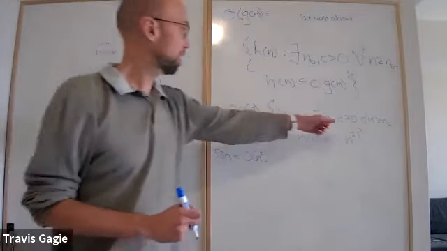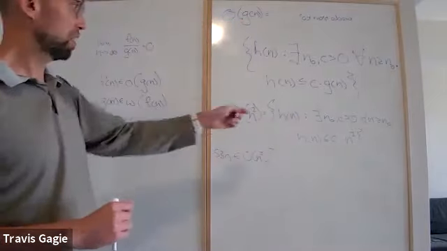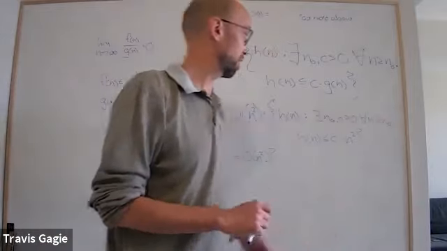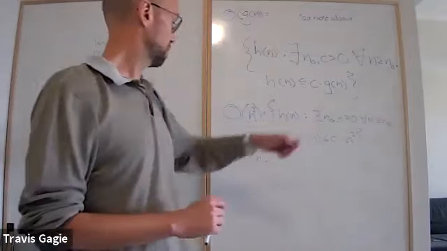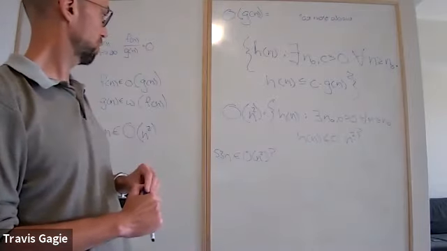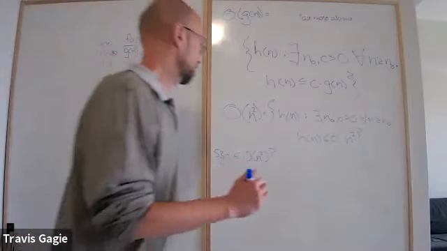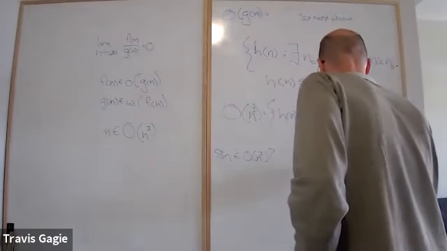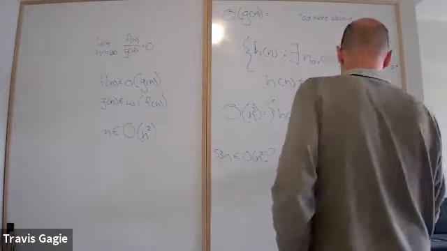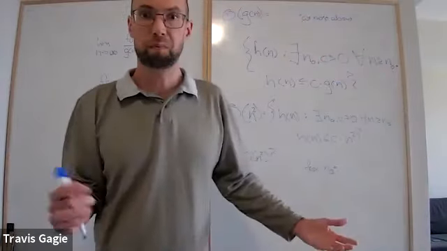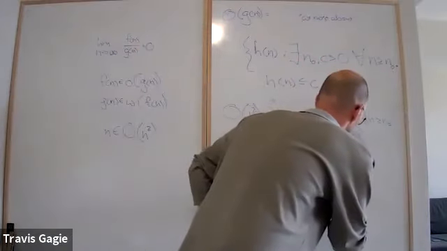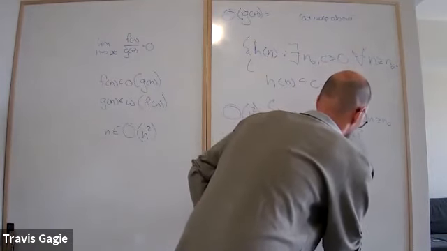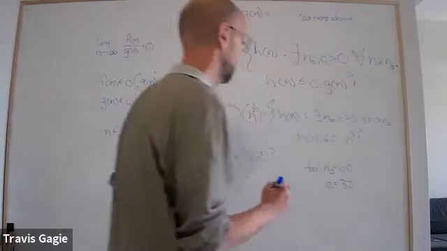Well, is there an n0 and a c such that for all n greater than or equal to n0... So yes, let's say n0 equals 60, c equals 32.